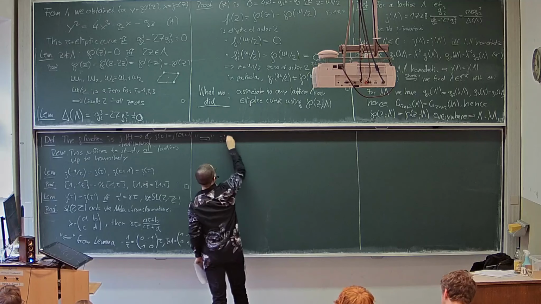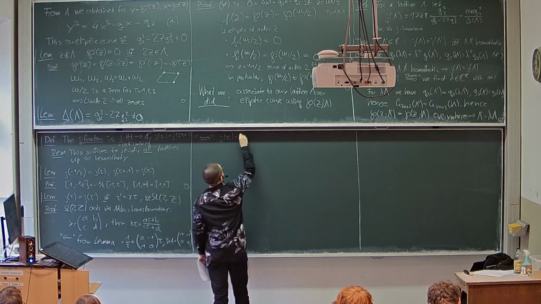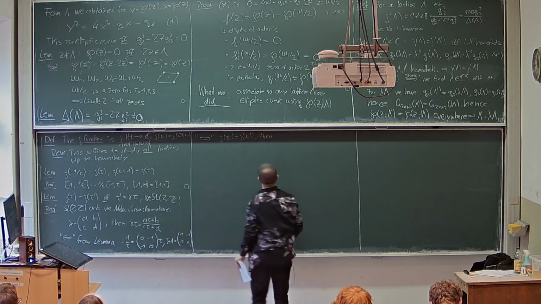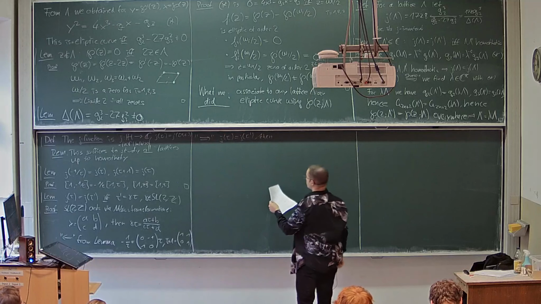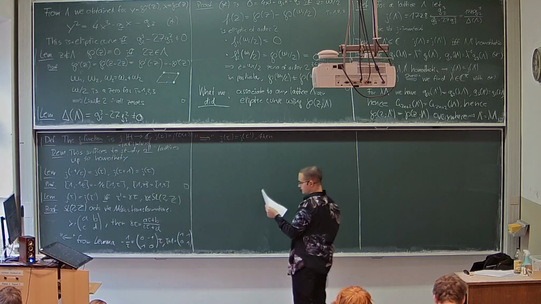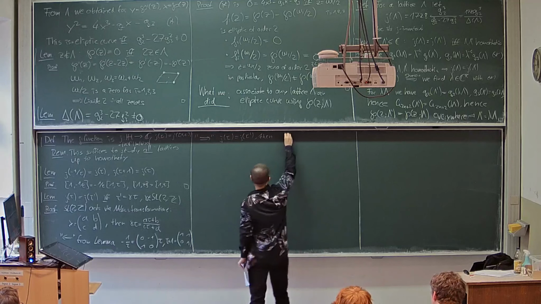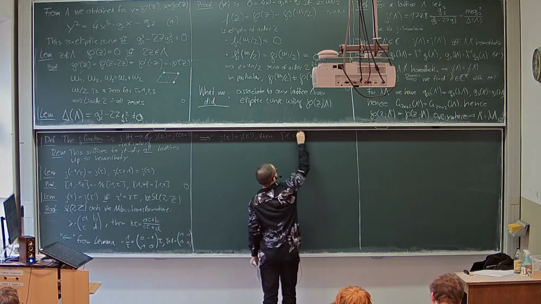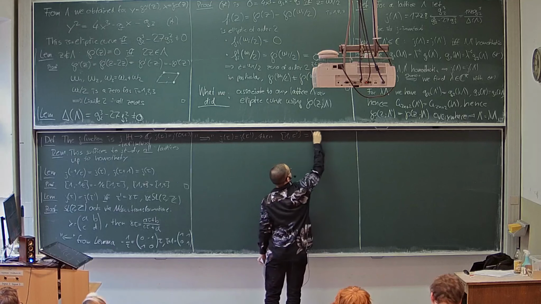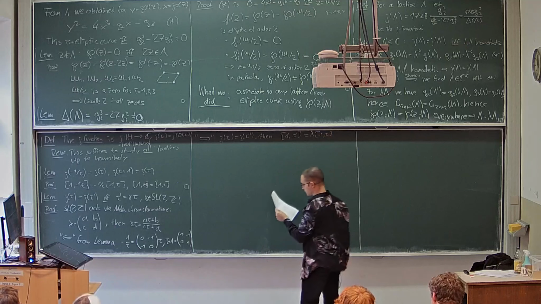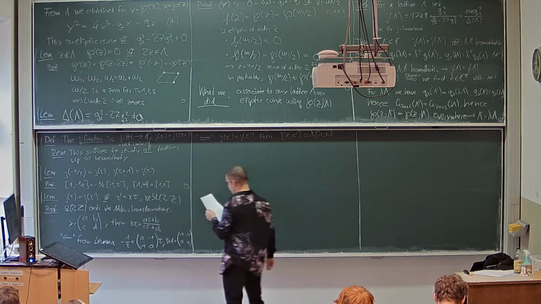So assume J of tau is equal to J of tau prime. Then we know by the theorem above that if the J invariants of two lattices agree, they are homothetic, meaning the lattice of 1 and tau prime is a scalar multiple lambda of the lattice of 1 and tau, and of course the other way around with lambda inverse.